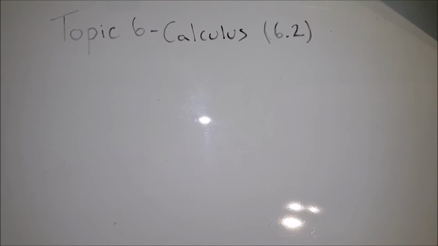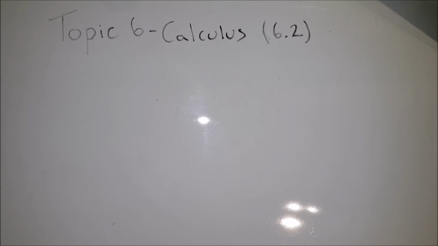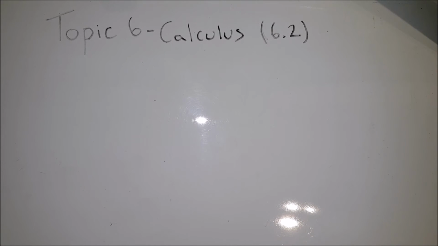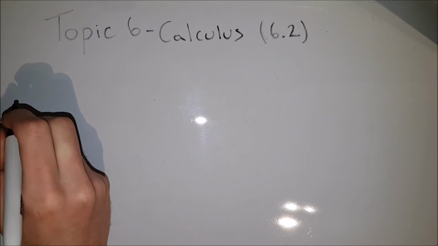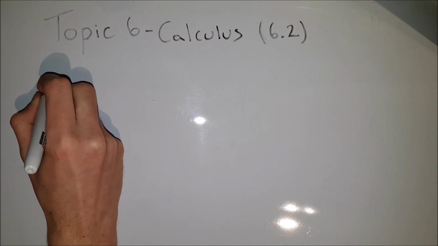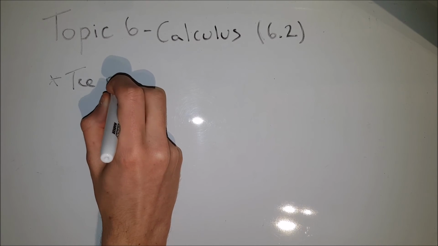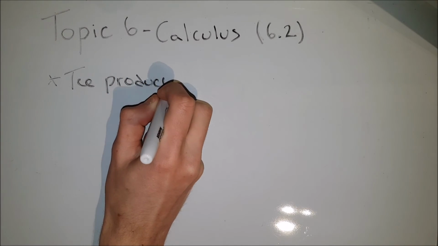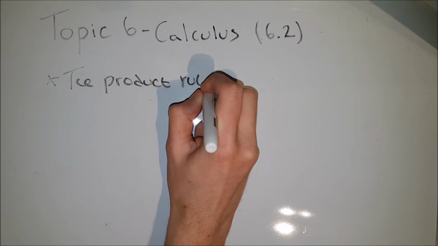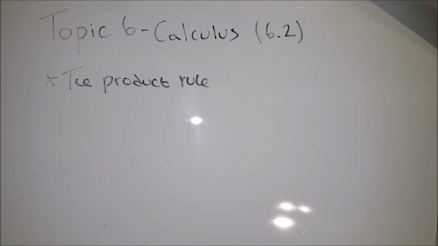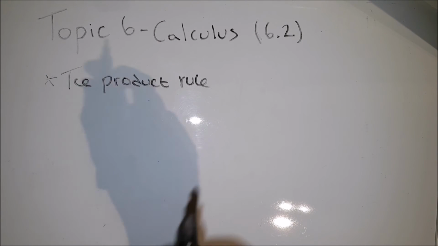Alright, so there are two other rules that should be known, and they're both pretty specific to their application. The first one is known as the product rule. The product rule is used when two functions are multiplied by each other.